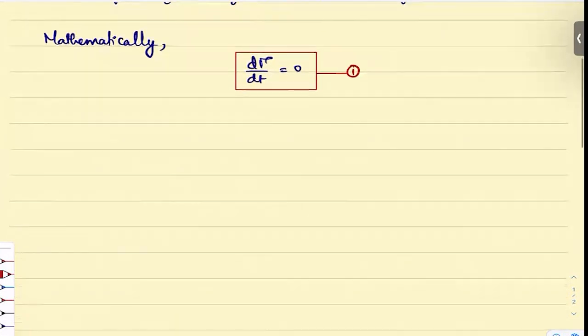Now, what you do, you consider a fluid, consider a closed curve.